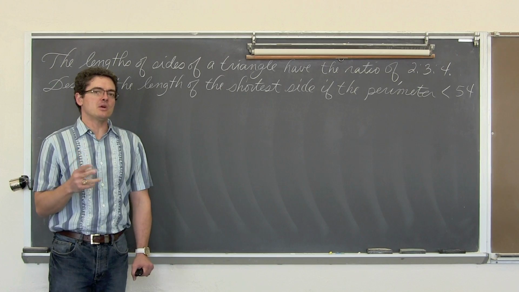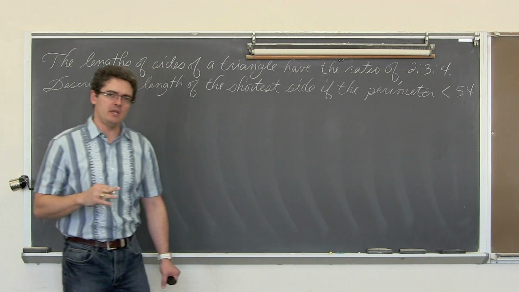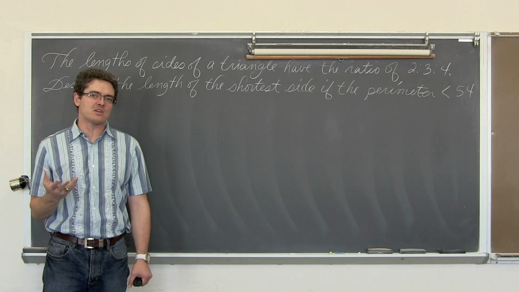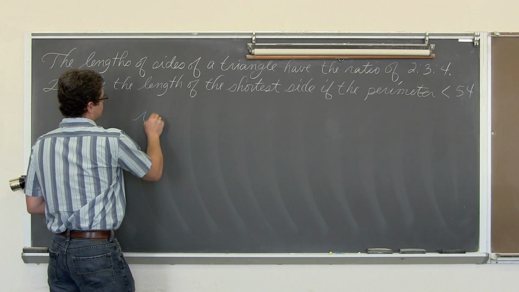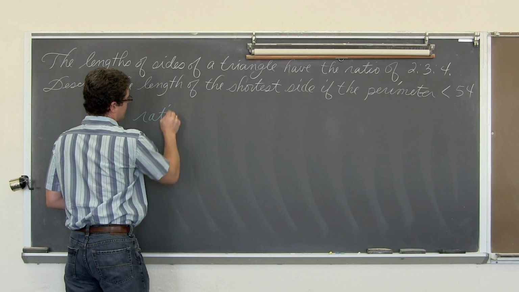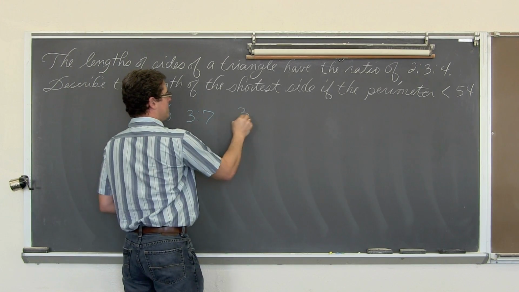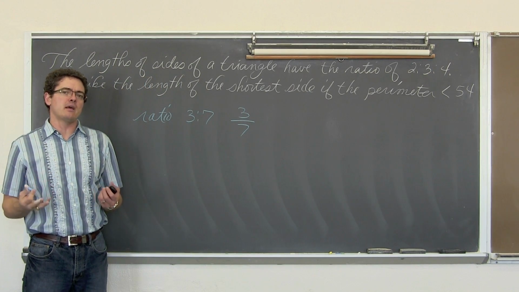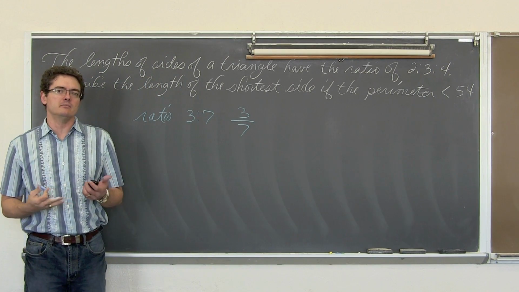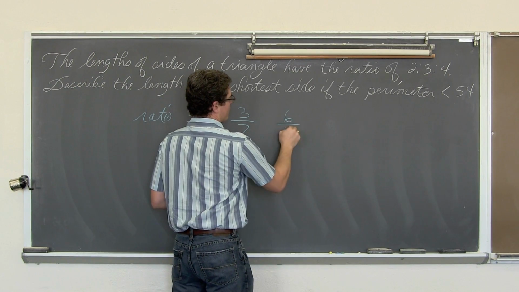Now, it's a ratio. The sides of the triangle are in a ratio of 2 to 3 to 4. And a ratio is like a fraction. You can reduce it. If I write the ratio of, let's say, 3 to 7, well, that's 3 over 7. And maybe that's not the original fraction. Maybe the original fraction was 6 over 14.